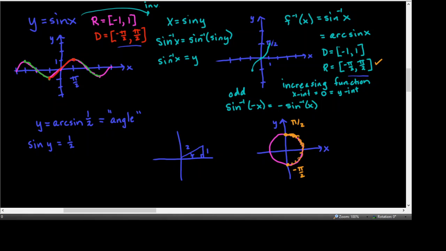It has to be an angle between negative pi over 2 and pi over 2. Now, it's not between negative pi over 2 and 0 because that's where y is negative, and our arc sine is of a positive number. So what is that angle that I just marked inside of that triangle that would give us the angle between negative pi over 2 and pi over 2? Well, hopefully you're able to say that y is pi over 6. And so that's what the arc sine of 1/2 is. It's pi over 6. Okay? Let's do another one.